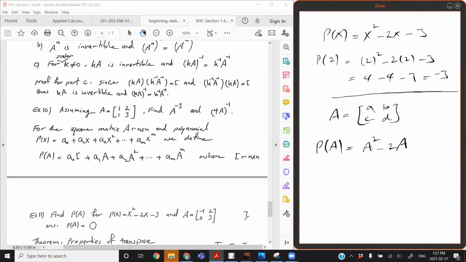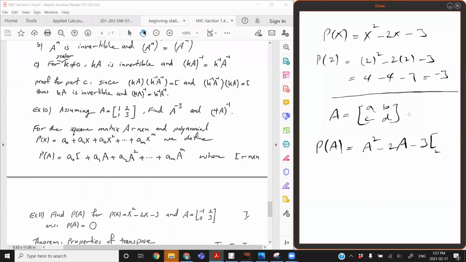This is going to be a 2 by 2 matrix. This one is also going to be a 2 by 2 matrix. And then minus 3. How do I solve that? Because now I have a matrix minus a real number. That doesn't make sense. So what do we do? I put I2 here.